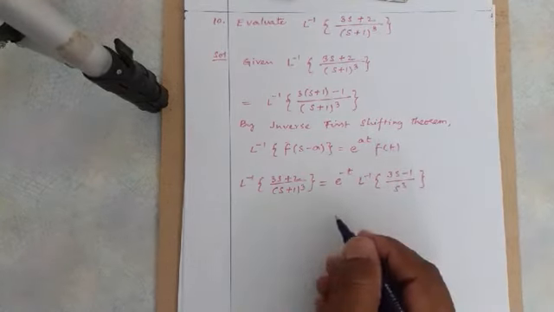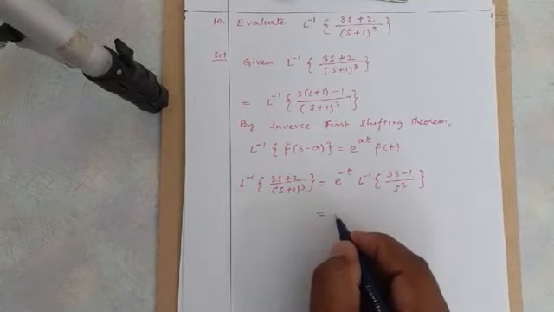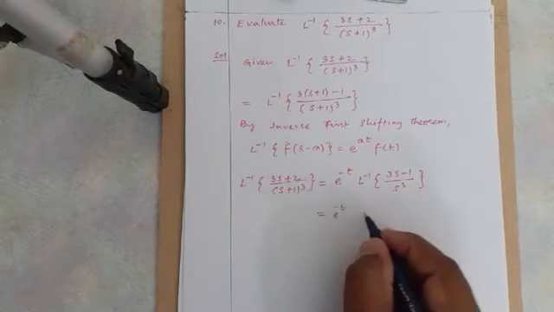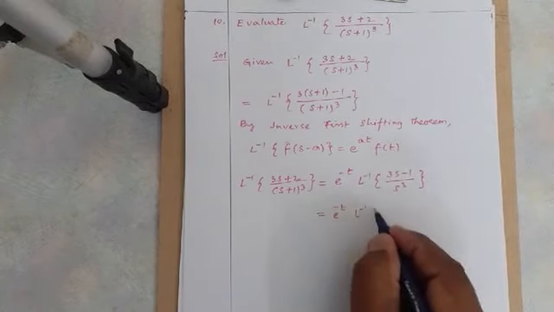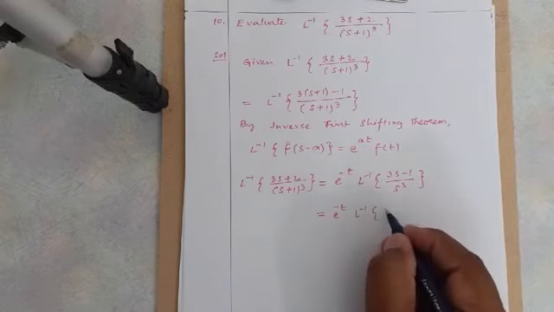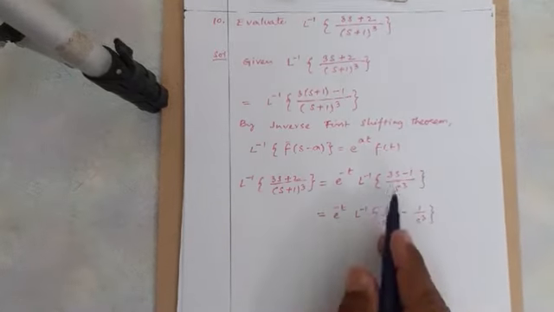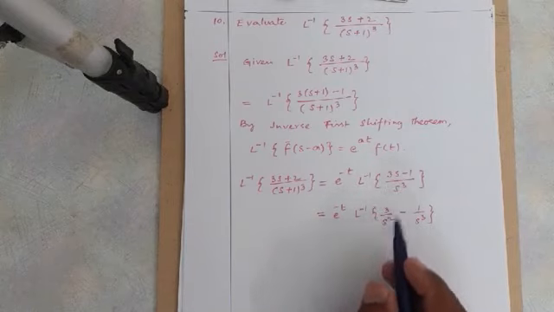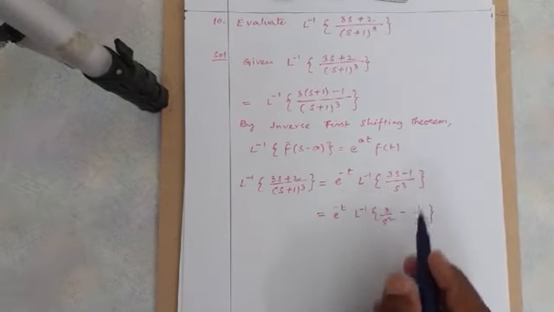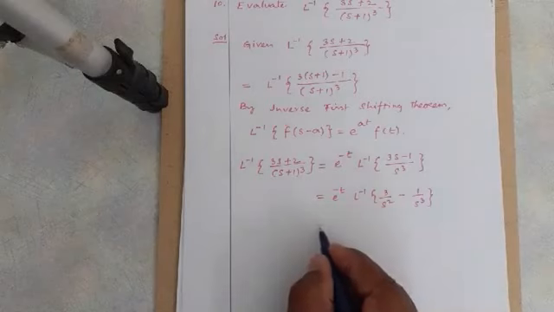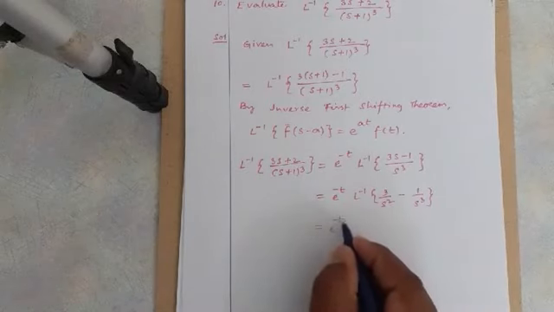So after writing, this is equal to e power minus t L inverse. Now I can write this as 3 upon s square minus 1 upon s cube. When you take 3s by s cube, the s's get cancelled, that becomes 3 by s square minus 1 upon s cube. Now this is equal to e power minus t.